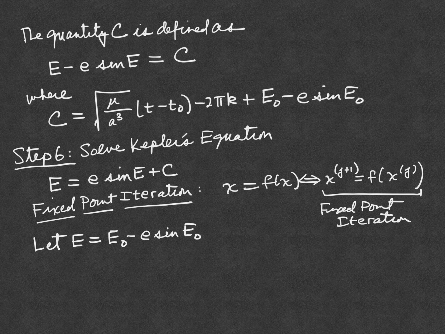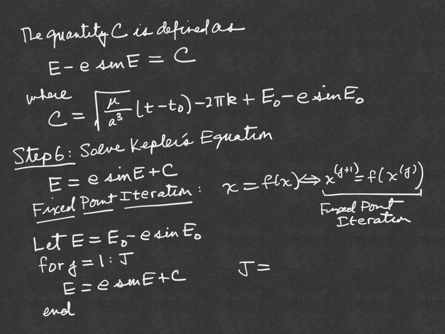But that is the starting point. And then what we do is an iteration. The iteration looks like this. For j equals 1 to capital J, where capital J is the number of iterations, I just say E is equal to e sine of E plus C, and then I end the iterations. And J, as I said, is equal to the number of iterations.